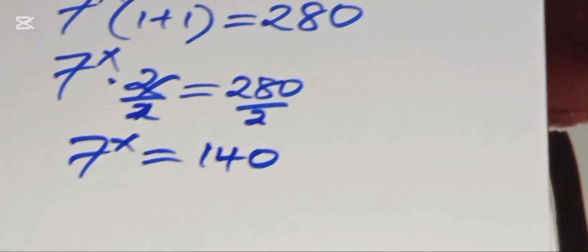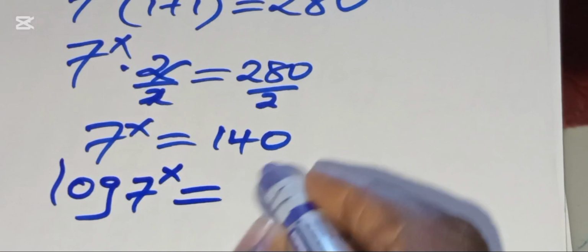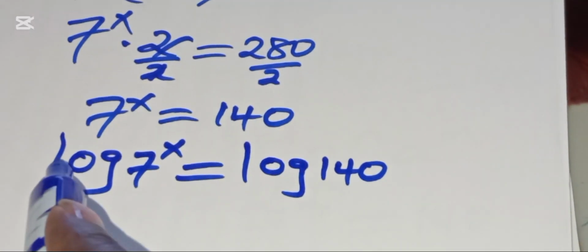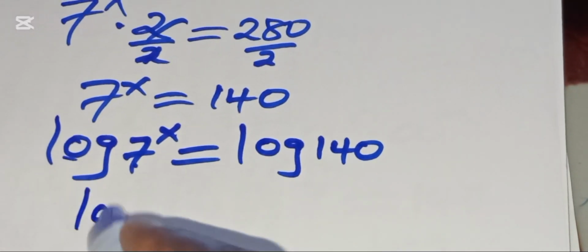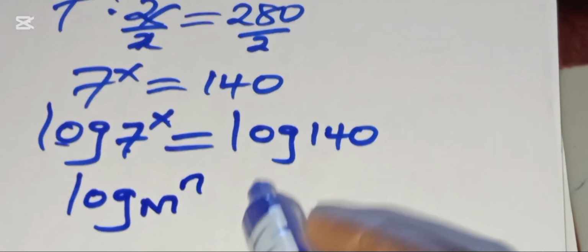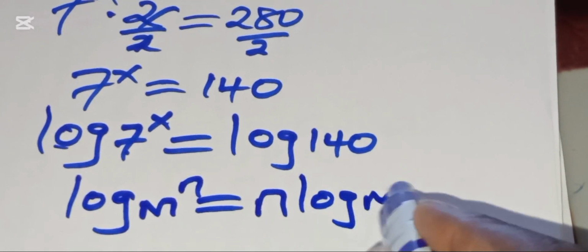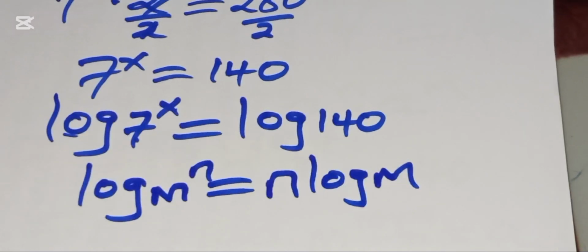Now from what we have here, we introduce logarithm, that is log on both sides. Log 7 raised to power x is equal to log 140. Given that log m raised to power n can be written as n log m, this is the power rule property of logarithm.